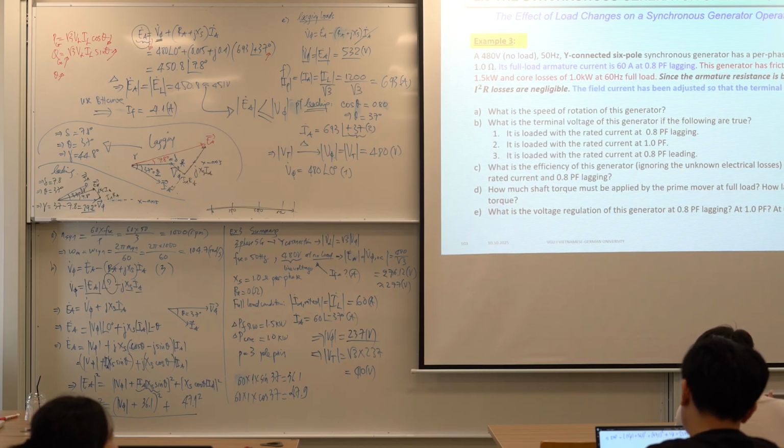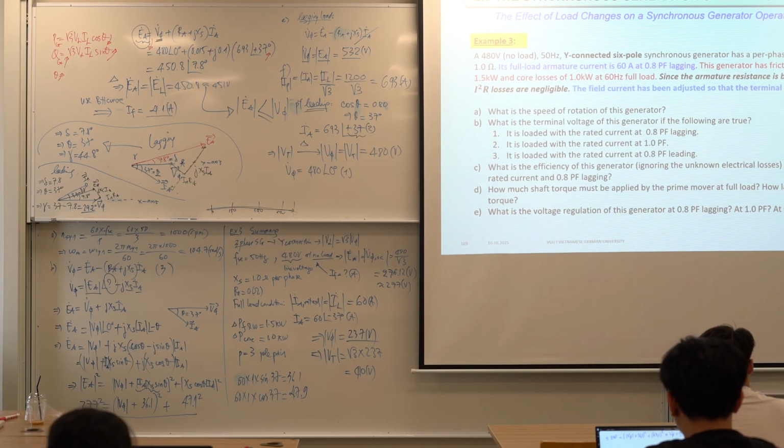Right? So we can get EA squared is V phase squared, for more clarity, plus XS IA squared.